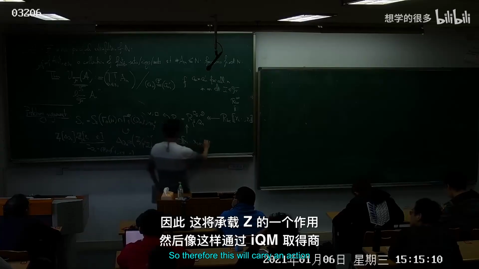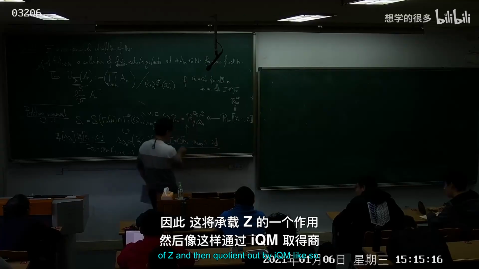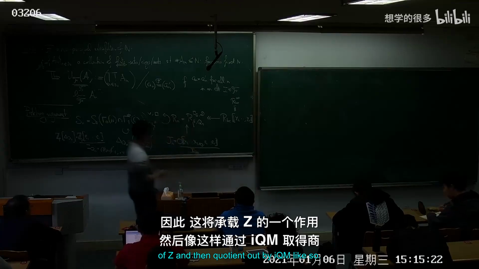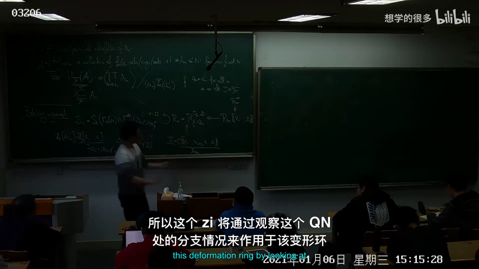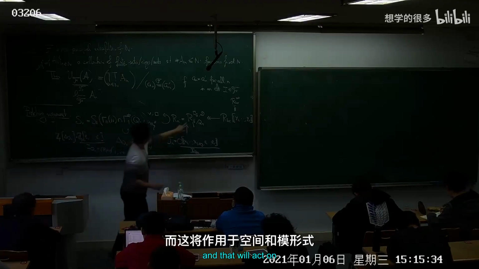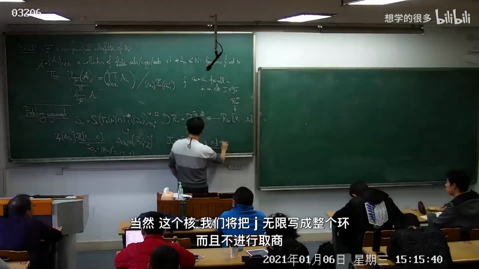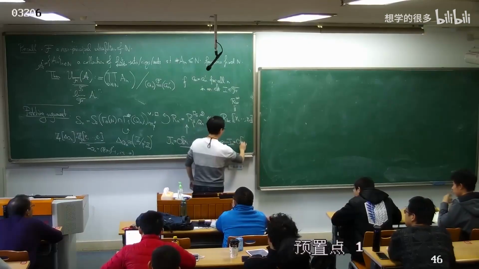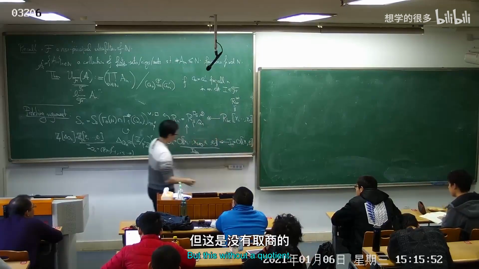So therefore, this will carry an action of Z_r and then quotient out by I_{Q_n}. Like so. The Z_i will act on this deformation ring by looking at how the ramification at this Q_n looks like, and that will act on the space of modular forms. And of course, I'm going to write J infinity to be the whole ring without a quotient. So I'm out of space, just write X underline and Z underline for this without a quotient.